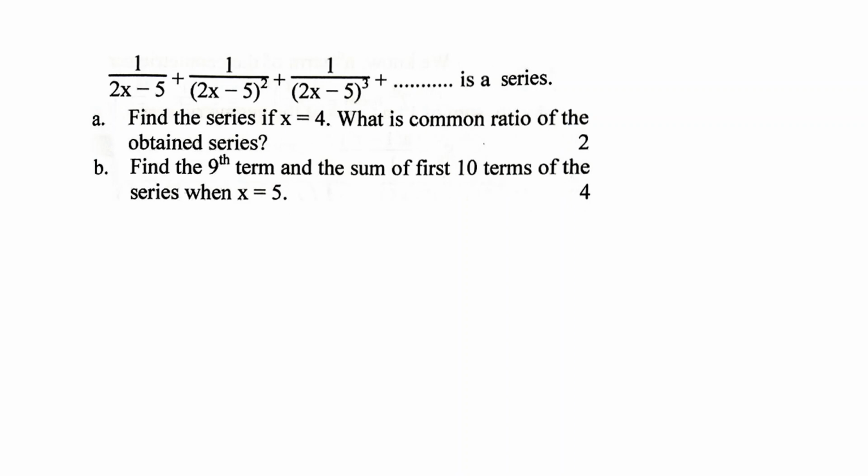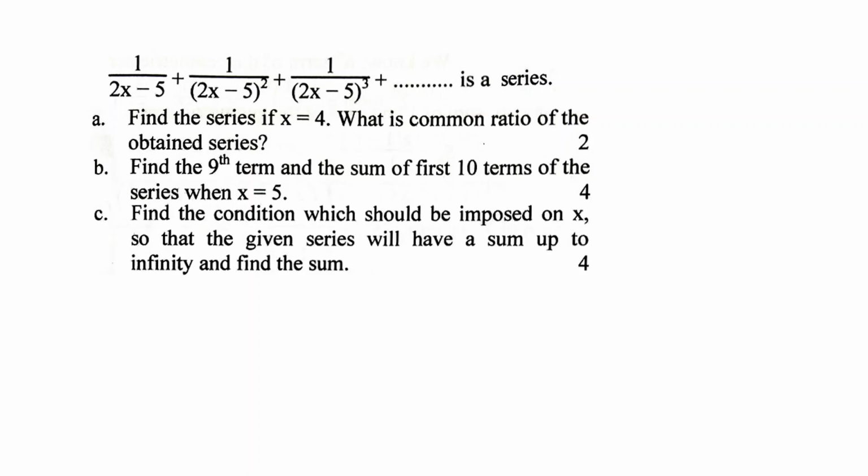Hard level question, B number. Find the ninth term and the sum of first 10 terms of the series when x equal to 5. This question is for 4 marks. And the last question is very much important. Find the condition which should be imposed on x so that the given series will have a sum up to infinity, and find the sum. This one is also for 4 marks.